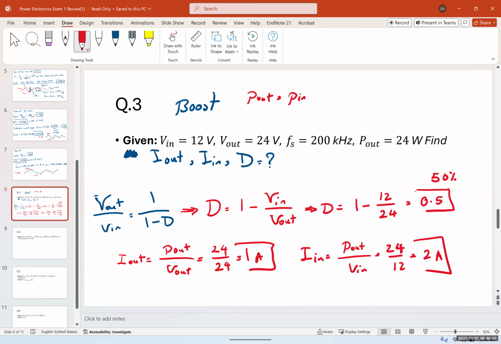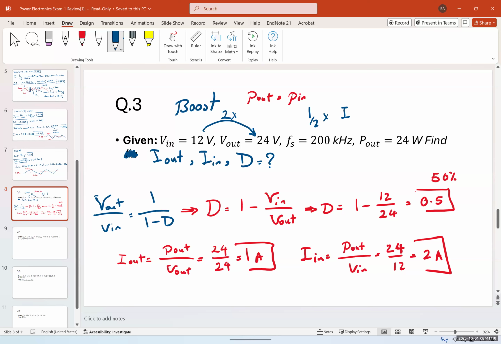So what does this tell us? This tells us that if you double the voltage, you're going to halve the current. So if the output voltage is doubled, the output current would be half of the input. Why? Because we're not generating power in the system, and it's an ideal situation, so there's no loss in the power.